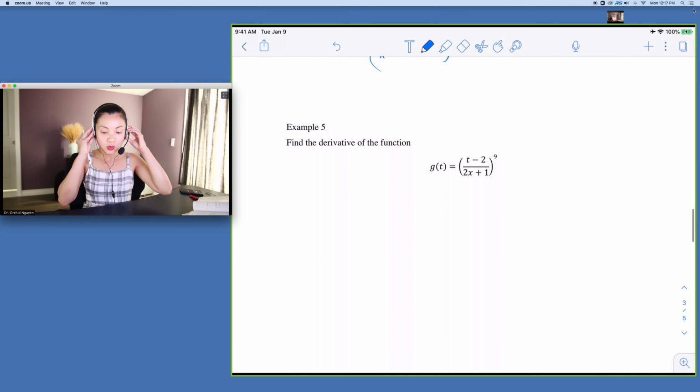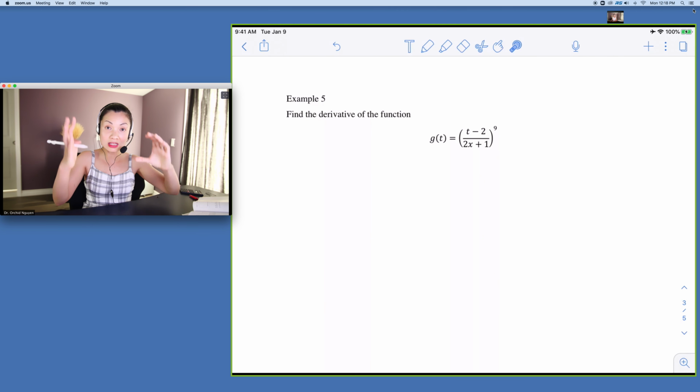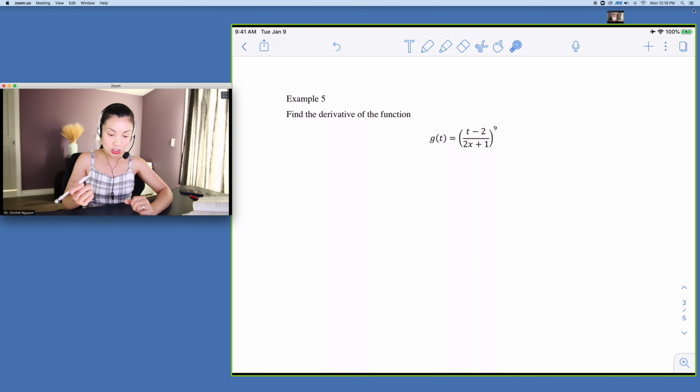Okay, so you can see that we have the quotient rule, right? And we have the power rule, which is the ninth power right here, the exponent. So we're going to go ahead and proceed with the outer, and then we're going to do the inner.